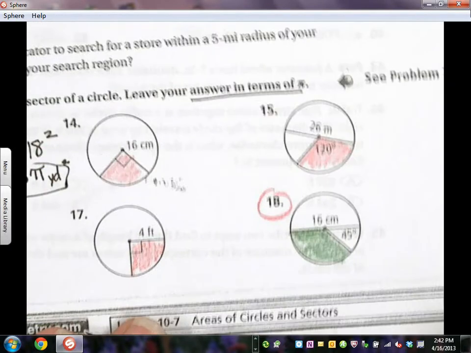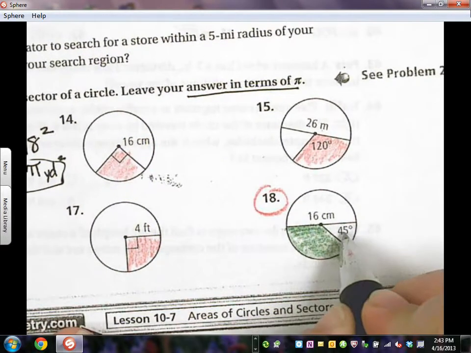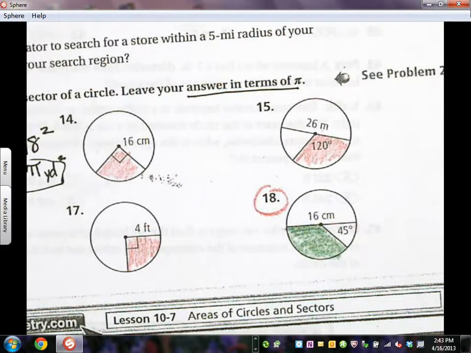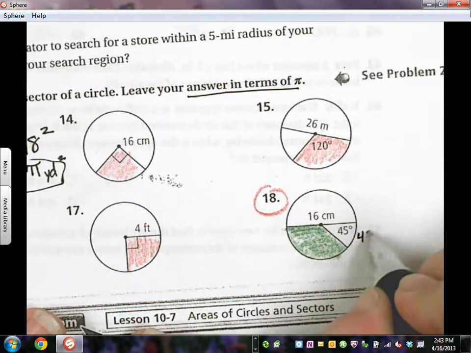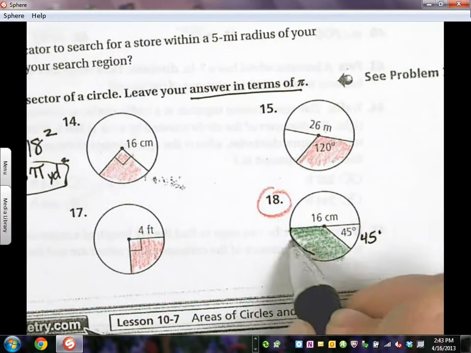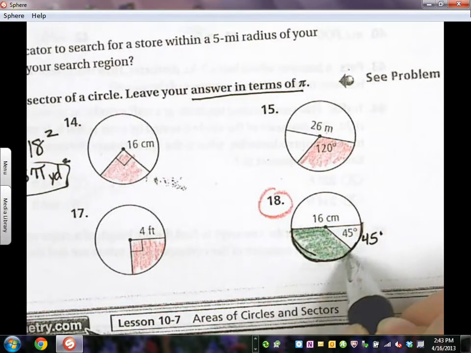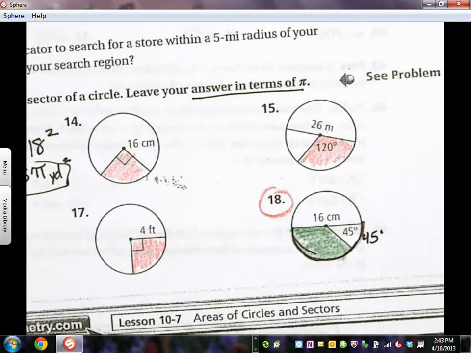I'm doing 18 because I think if I do that one, you'll be fine to do 16. Well, I know this angle right here is 45 degrees. I also know this arc is 45 degrees. This whole thing is a semicircle. How many degrees is a semicircle? 180.